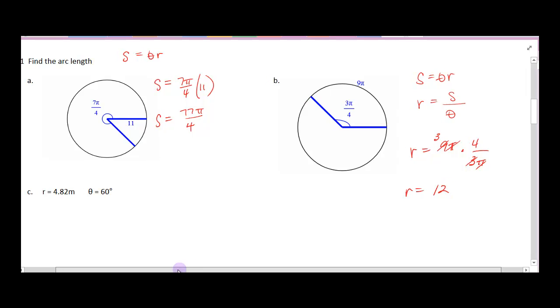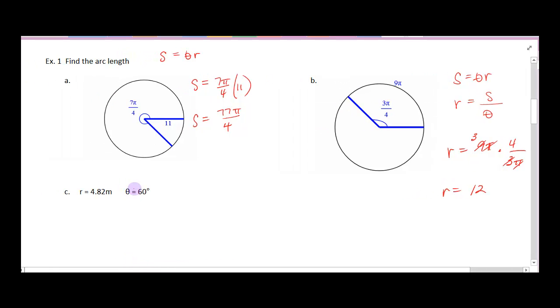Okay, the last example let's look at together is over here. This is example C, and I'm given what the radius is, and I'm given what theta is. The radius is 4.82 meters.